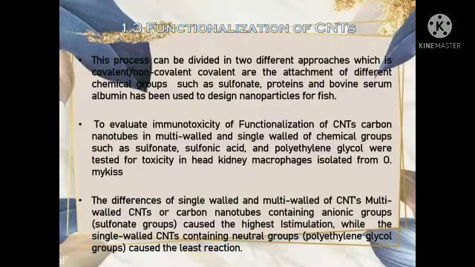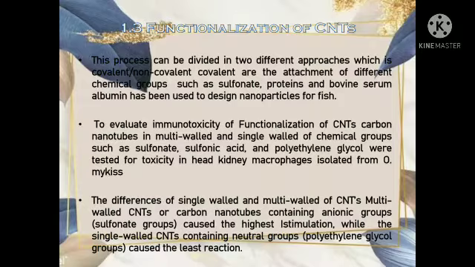To evaluate immunotoxicity of functionalization of carbon nanotubes, multi-walled and single-walled with chemical groups such as sulfonate, sulfonic acid, and polyethylene glycol were tested for toxicity in head kidney macrophages isolated from rainbow trout.